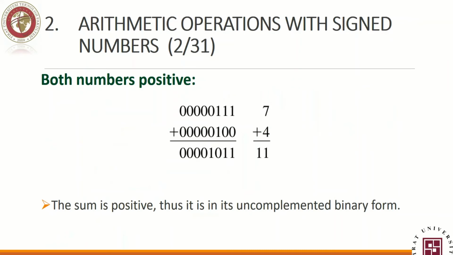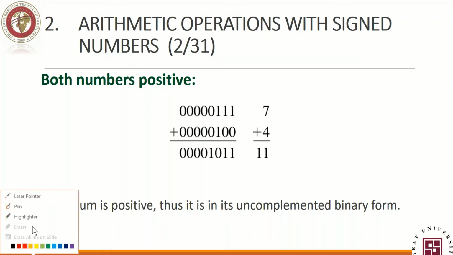Let's take simple examples now. Pay attention to complemented and uncomplemented. Why? Because it makes a difference. These numbers are uncomplemented, so they are in their true form. Now if we add these two numbers, you remember from the last video we explained the first part about adding binary numbers. 1 plus 0 is 1, so 1 plus 0 is also 1. 1 plus 1 is 0 with 1 carried.